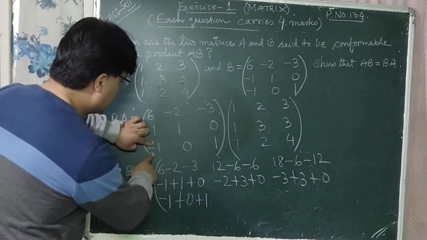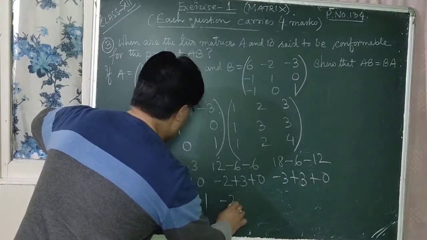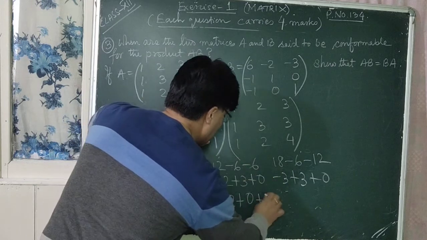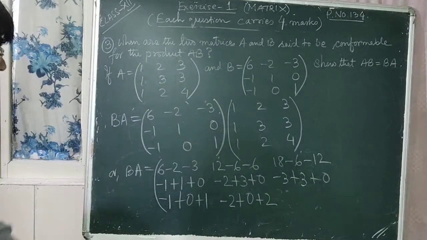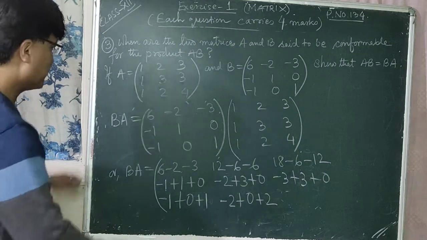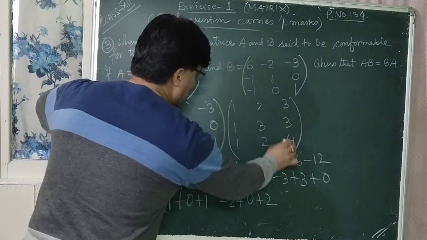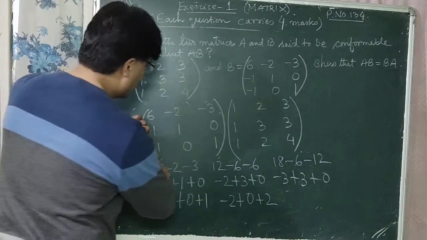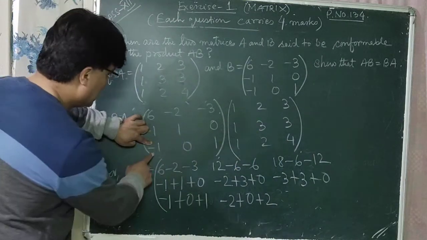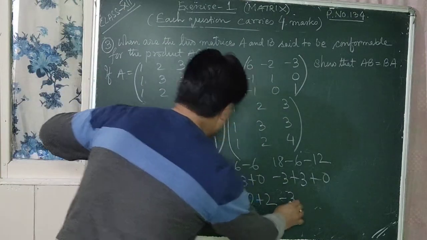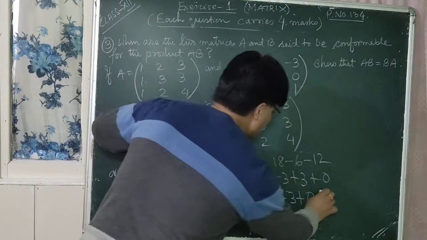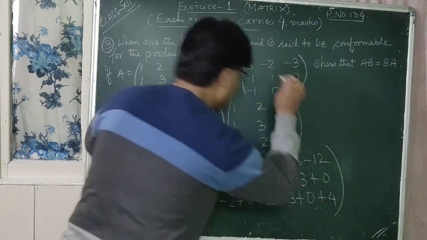Minus 1 into 2 is minus 2, plus 3 zeros are 0, plus 2 ones are 2. Now the third row is multiplied by the third column. Minus 1 into 3, minus 3, plus 0 into 3, plus 0, plus 1 4s are 4.